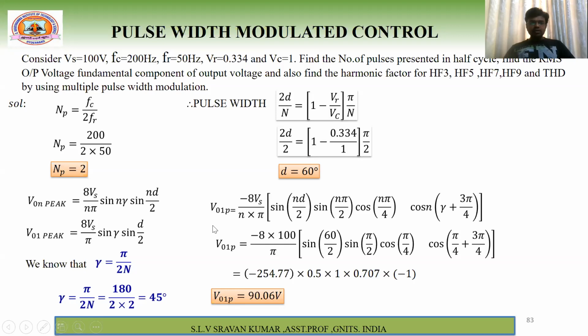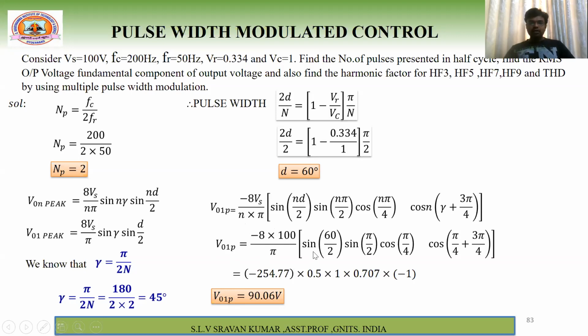Now, this is your equation for harmonic, to find out the peak value: minus 8Vs by n pi, sin nd by 2, sin n pi by 2, cos n pi by 4, into cos of n into gamma plus 3 pi by 4. Just substitute 8 into 100, so Vs is 100. Because of the fundamental, n value will become 1.